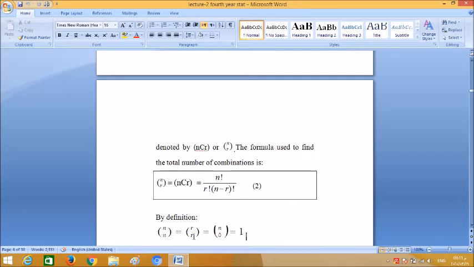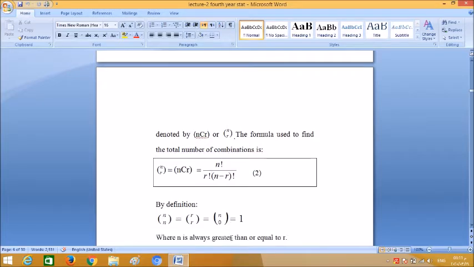The same is when selecting R from R. It's the same as when selecting 0 from N. Okay? 0 from N. This is done by only one way. One way. Where N is always greater than or equal to R. Right?